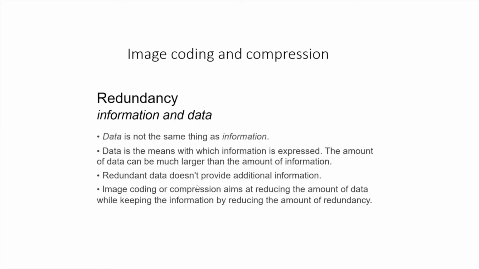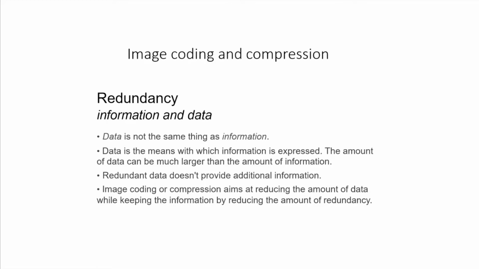And then I want to talk about compression also and image coding. So when you have an image, you have a lot of redundancy in the image. When you talk about redundancy, it's important to understand that information and data are 2 different things. The information that your image has is less than the amount of data you have, right?